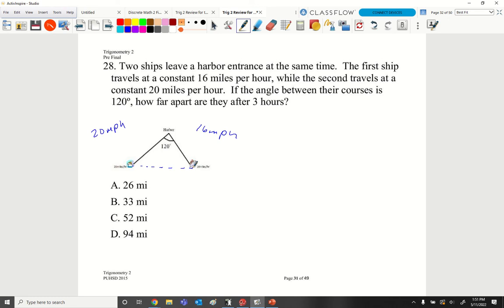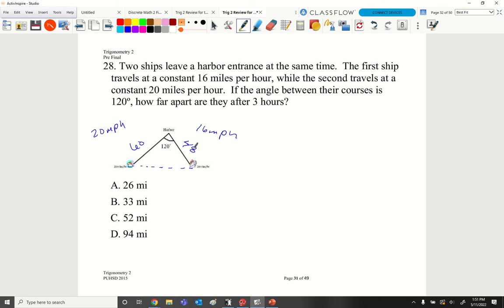So that's 60 and 120. 32 plus 16, 48. I was doing it in my head and you started talking. Because the information is given to you that it is 16 miles per hour, right? After 3 hours, how far do they go?